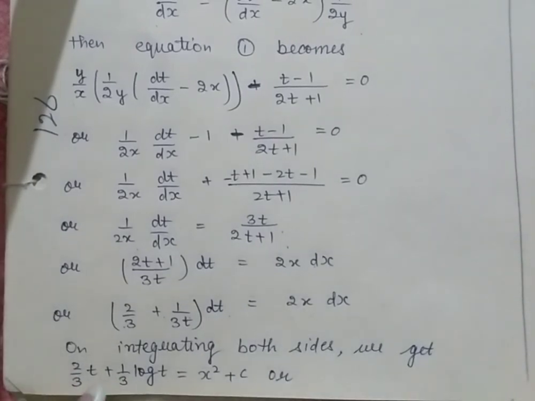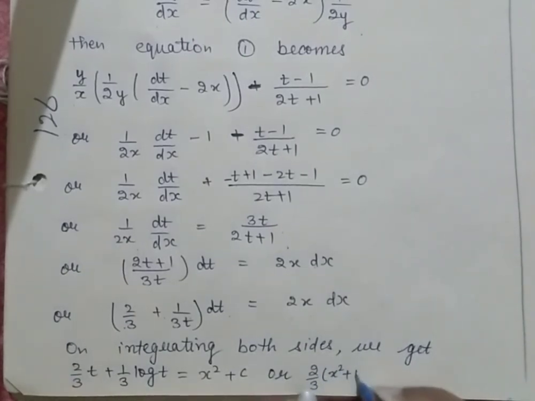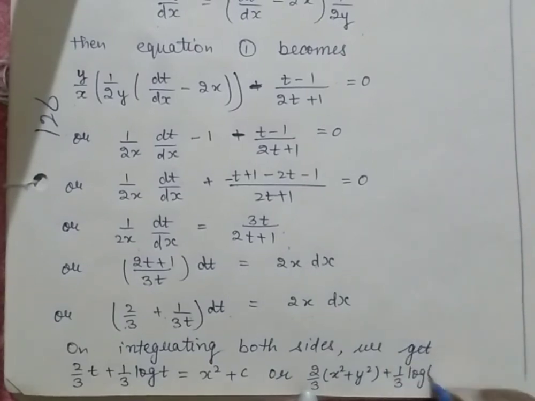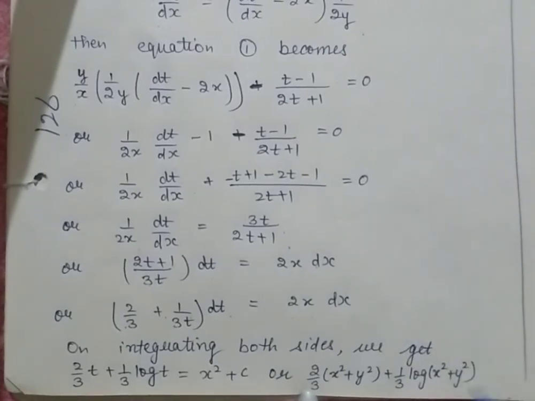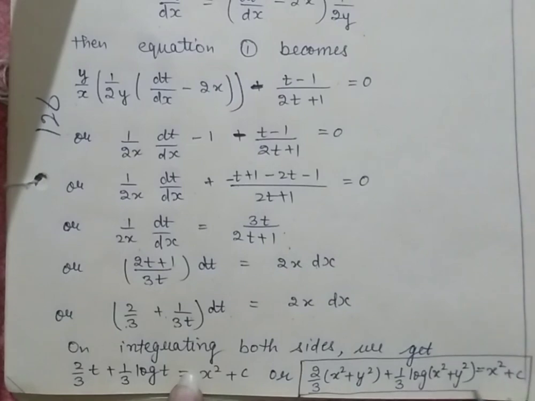Now we put the value of t, which is x square plus y square. So this equation is 2 by 3 (x square plus y square) plus 1 by 3 log (x square plus y square) equal to x square plus c. So this is the general solution of the differential equation, where c is the constant of integration.